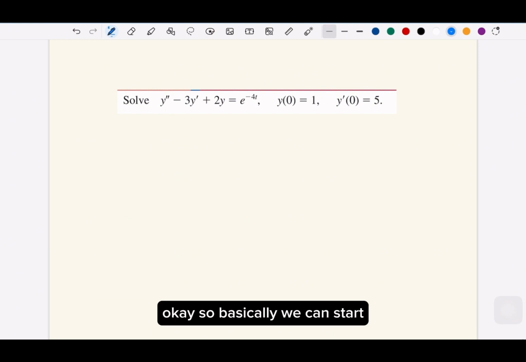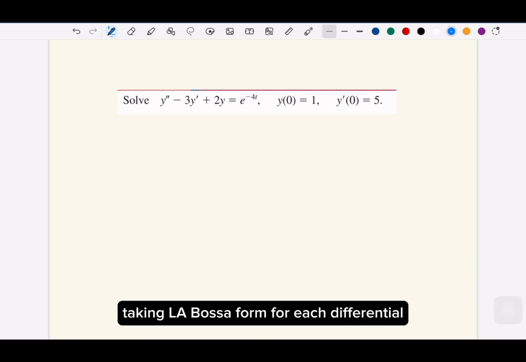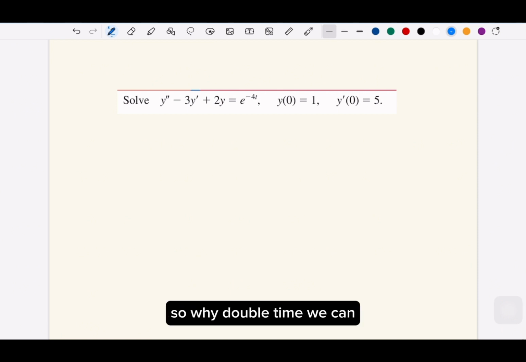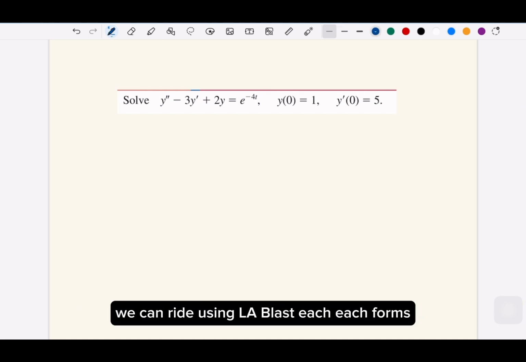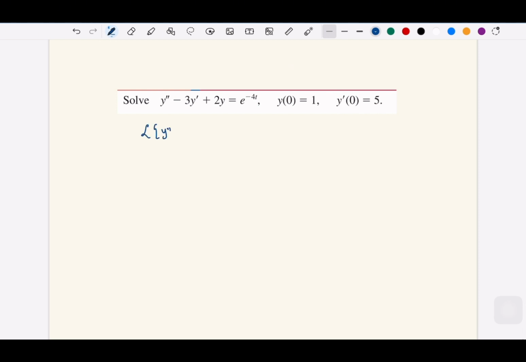Okay. So basically, we can start by taking the Laplace transform of each differential term. So y double prime we can change, or if you want to write it step by step, we can write using the Laplace transform of each.